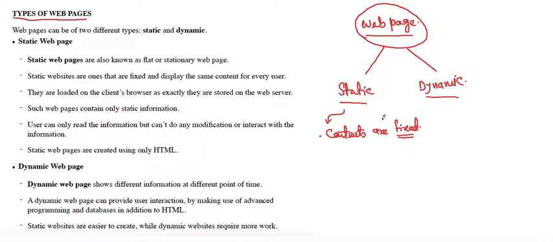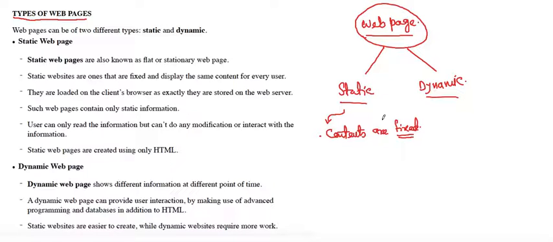The text you saw at this instant, you will see the same text after 10 minutes, for example. Or if a user A visits the website, he will see some content, and if a user B visits the website, he will see the same content that is seen by user A. So the contents are fixed, they don't change.